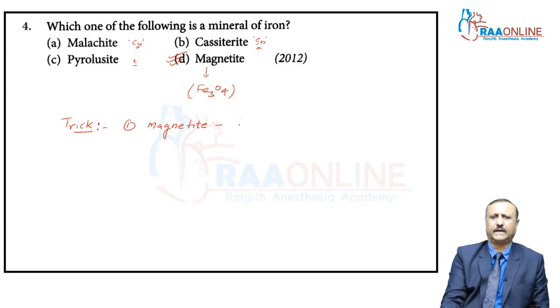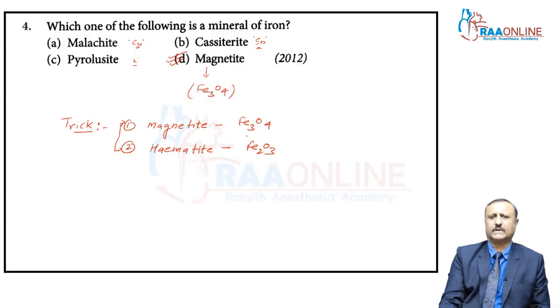The formula of magnetite is Fe3O4, while the formula of hematite is Fe2O3. Here you can see in magnetite, Fe3O4, more iron atoms are present, while in hematite fewer iron atoms are present.